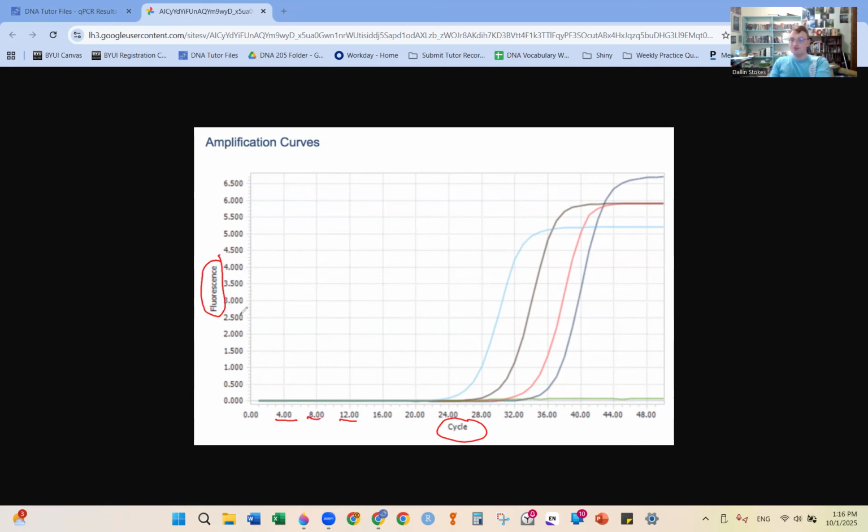That's glow. So it's measuring how much the tube glows at each second along the way. Again, the more it glows, the more DNA we have in the tube. More glow is more DNA.